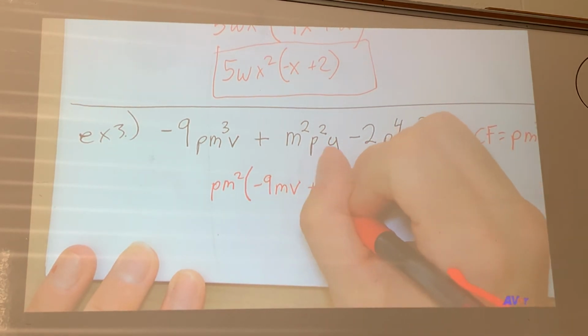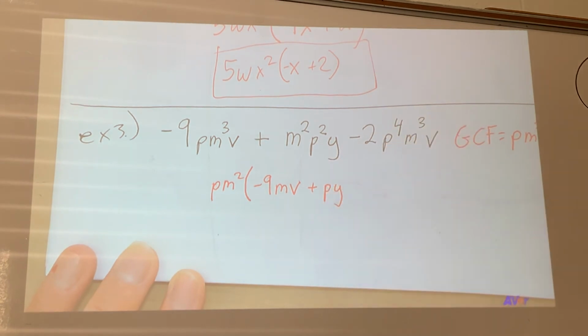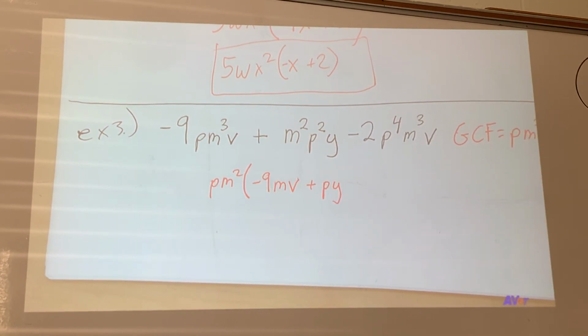Very good. Now, does order matter? Could I do YP? You could. Order's not important. PY does look better, doesn't it? Yeah. Generally, you go by the order of the alphabet.